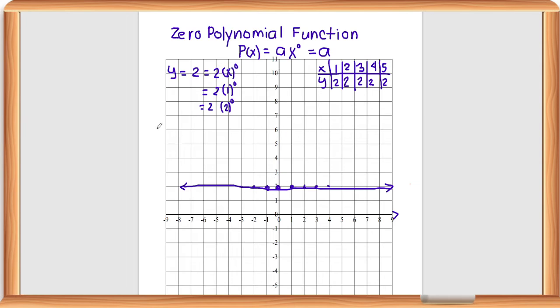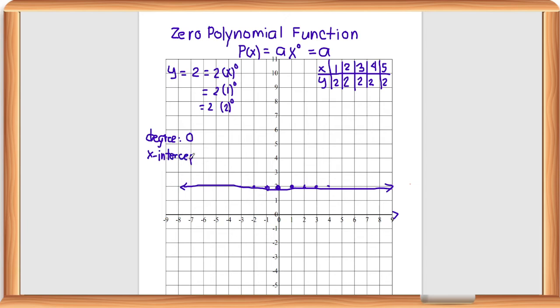So, first, the degree is 0, because these are zero polynomial functions. The x-intercept is where your y is equal to 0.